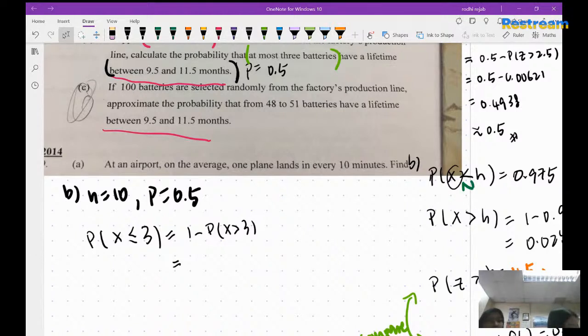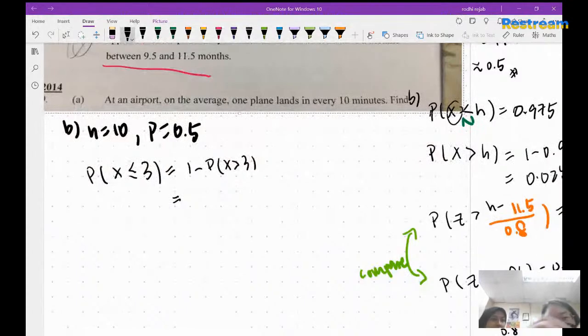Ni P 0.5. P(X more than 4), apa kena more than 3? Because sini ada equals to 3. So kami juga nak value untuk 3. So kami kena tolak. Ini boleh tulis sebagai P(X). Macam ni juga boleh. Dua-dua boleh lah.